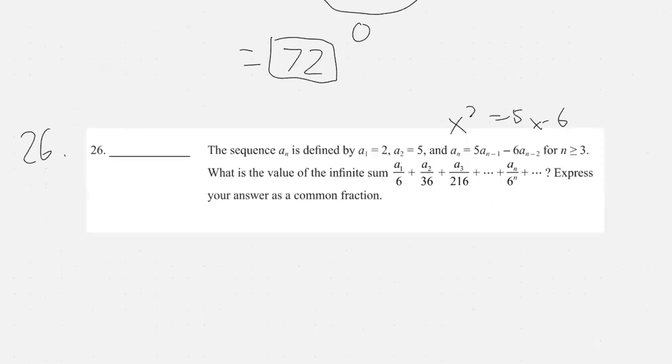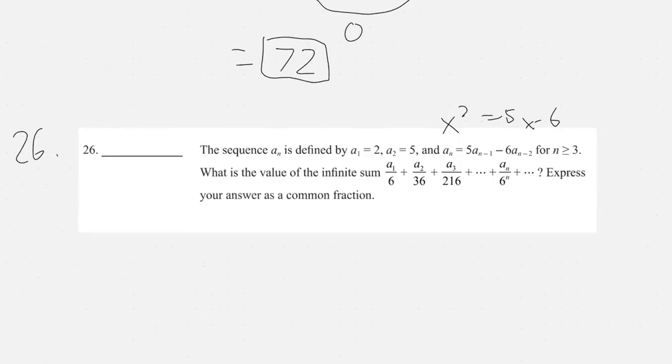So you get that the fixed points are 2 and 3. And then you can basically express each term a_k as a times 2 to the k plus b times 3 to the k, because 2 and 3 are the fixed points here.